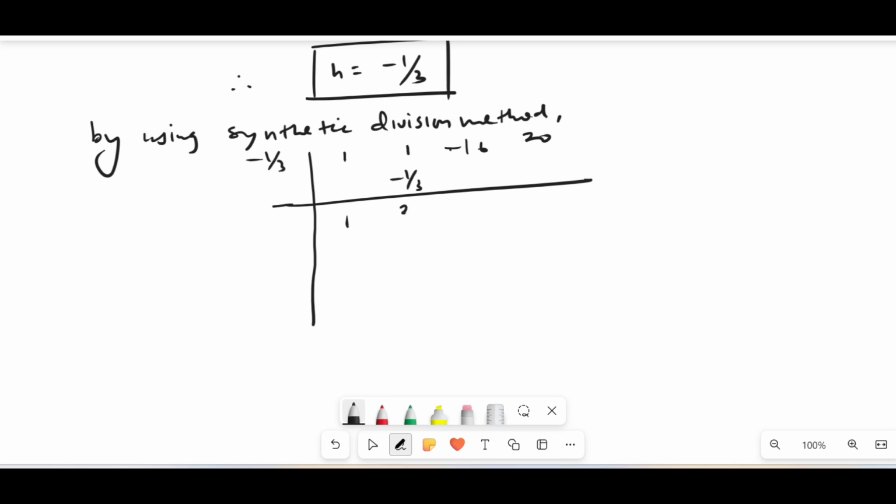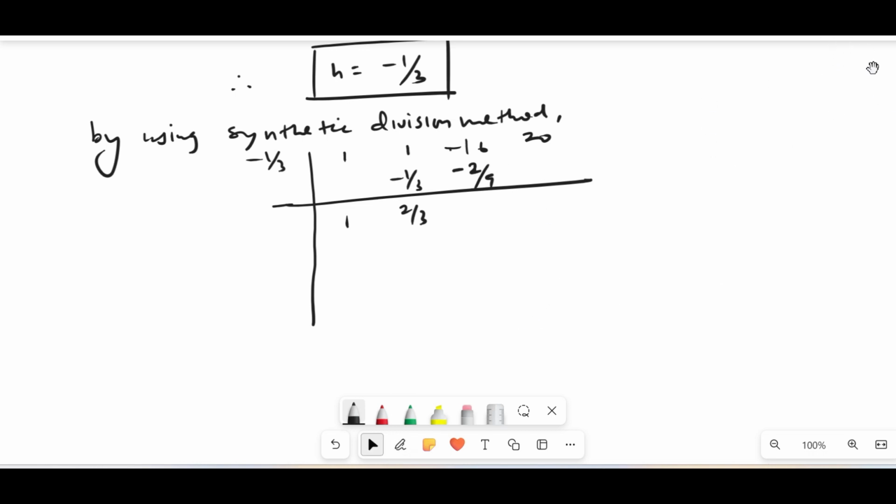After adding we will get 2 by 3. Multiply 2 by 3 by negative 1 by 3, that is negative 2 over 9. So now add these two numbers, negative 16 and negative 2 by 9.